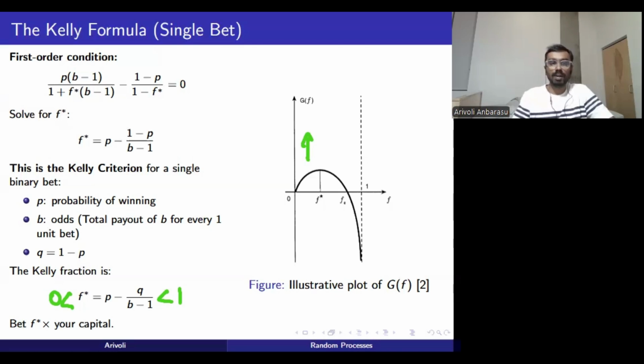The growth rate is positive till the critical fraction, and any bet made with a fraction less than the critical fraction, fc, will result in a positive growth rate. Note that at f equal to 1, the all-in strategy creates an infinitely negative growth rate and will always result in ruin in the long run.